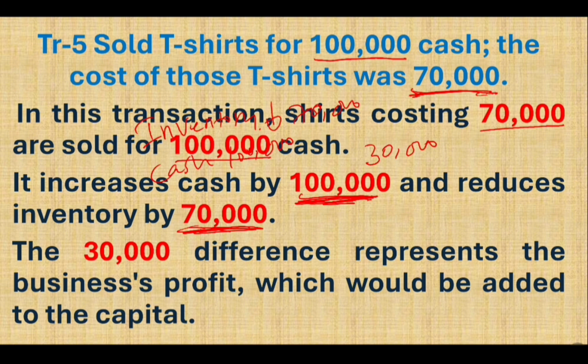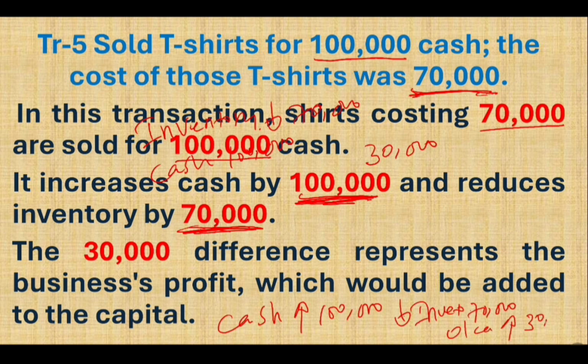So the effect of this profit is to increase the capital of the company. There are three accounts affected here. Cash is increased by 100,000, inventory is reduced by 70,000, and the owner's capital is increased by 30,000.